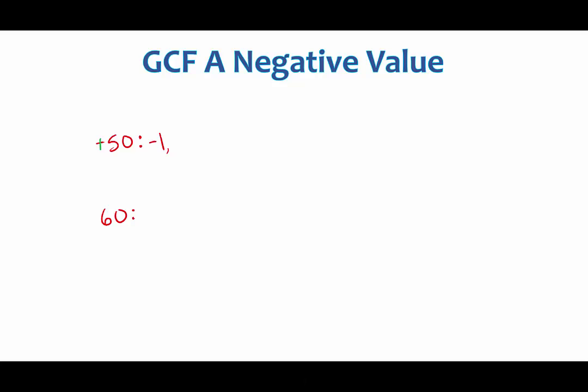So start with 1 and 50. 50 divided by 2 is 25. 3 does not go into 50, neither does 4. But 5 goes into 50, and it's 5 times 10. 6 does not go into 50, 7 does not, 8 or 9 do not go into 50. So that would be our list of factors.